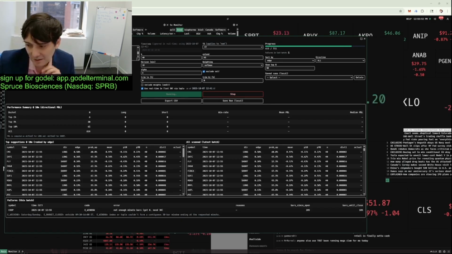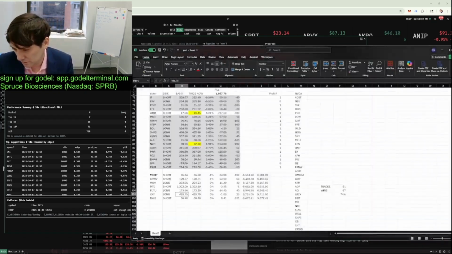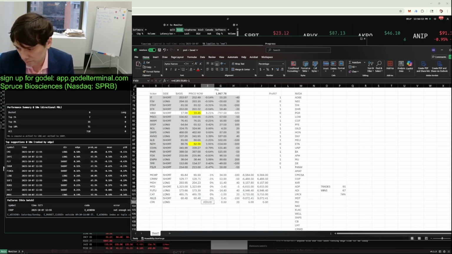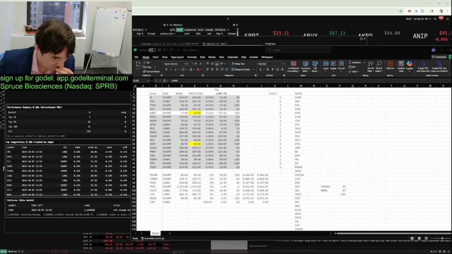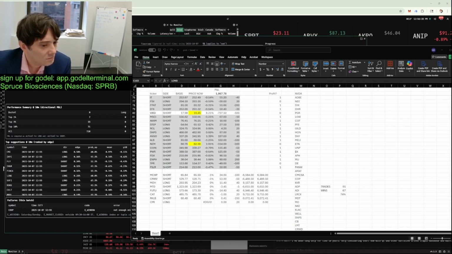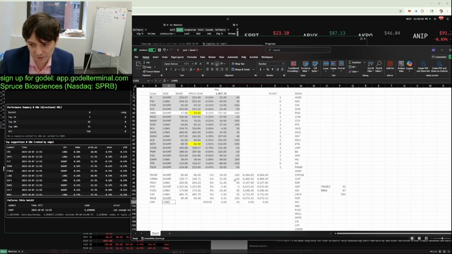Okay, I'm going long Cummins and Intel. Yeah, we're definitely gonna develop our own charts.